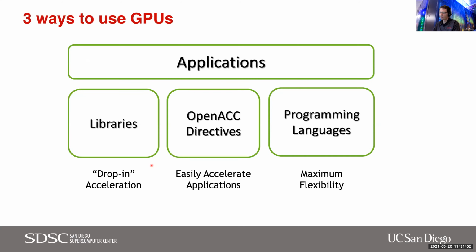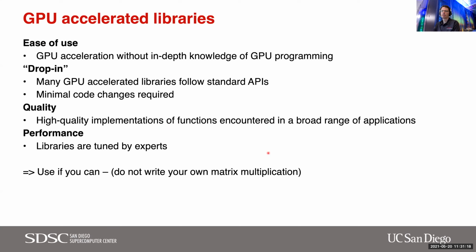So, how would you write or develop applications? I'm going to show you quickly libraries, then CUDA, then OpenACC, and then we'll look at how to get onto compute nodes on Expanse. If you have a code that calls libraries, say BLAS functions, for instance, or FFTs, you can just use those libraries, and that should be pretty straightforward as a drop-in replacement, because these follow standard APIs.